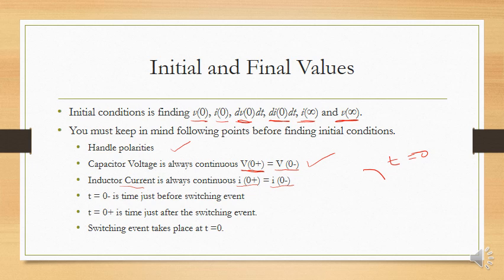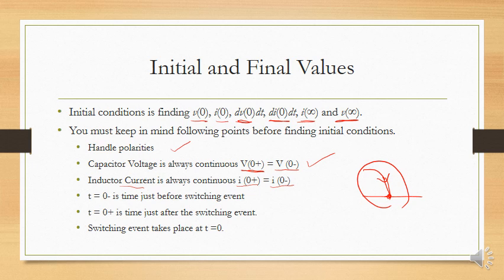This arrow is open, it is not connected to this point. When the condition is given that at t equal to 0 you have to connect these two components, you have to connect the switch, then this must be connected.